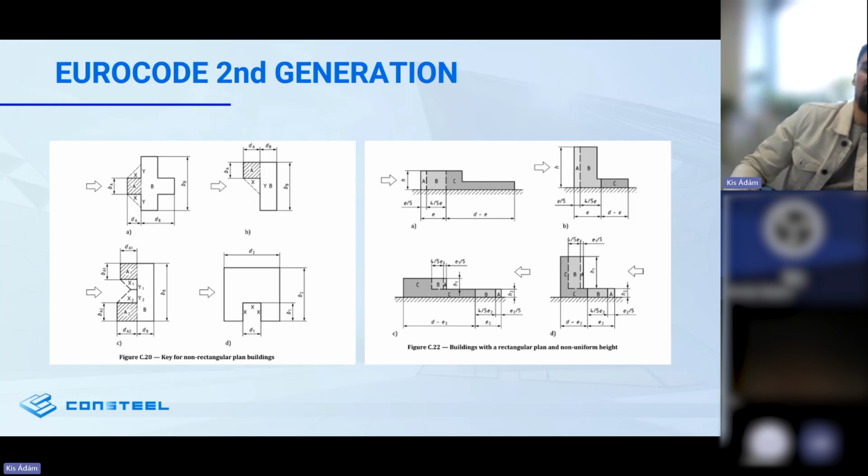For instance, what happens when we encounter a building that is both non-rectangular in plan and has non-uniform height, a situation that occurs quite frequently? Can simulations provide reliable solutions for such scenarios?